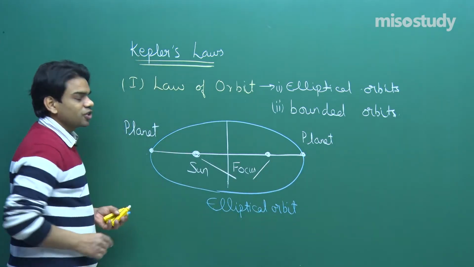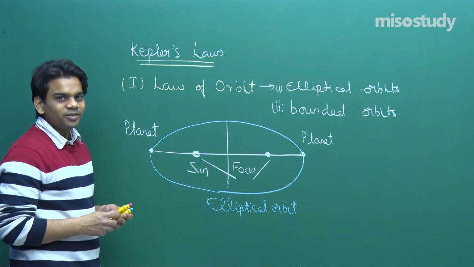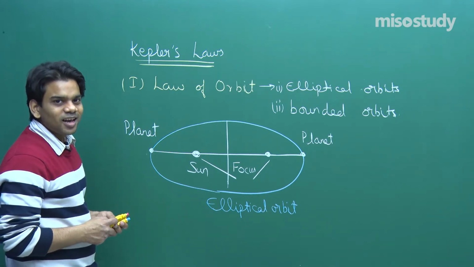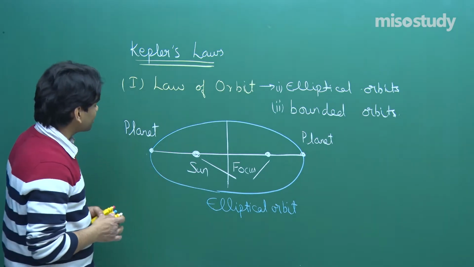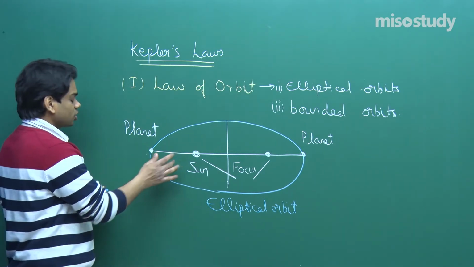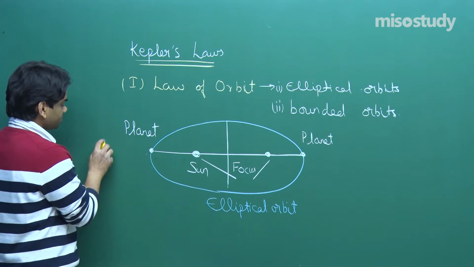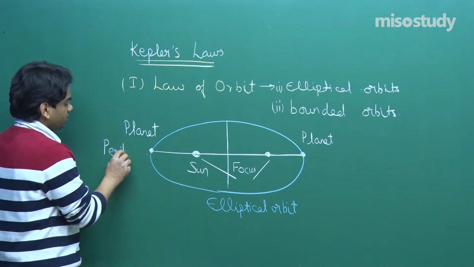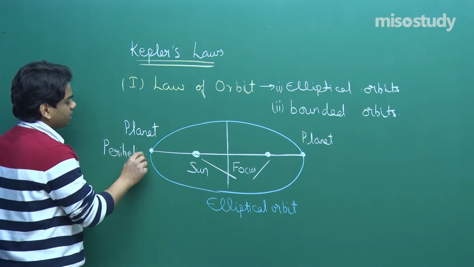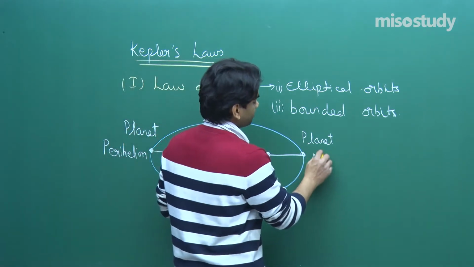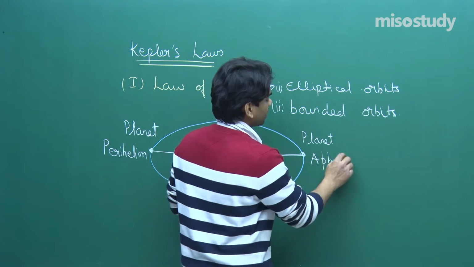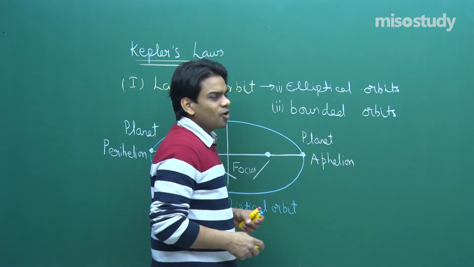What is this position called? In the case of a satellite, we have given you apogee and perigee as the farthest and nearest positions respectively. Here, the nearest point is known as perihelion and the farthest point is known as aphelion. Now how can you remember this?